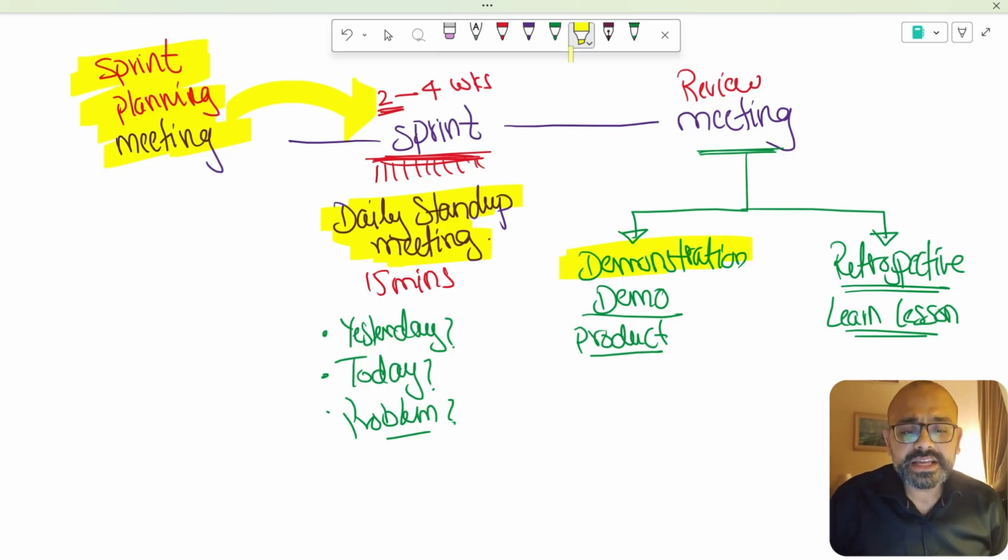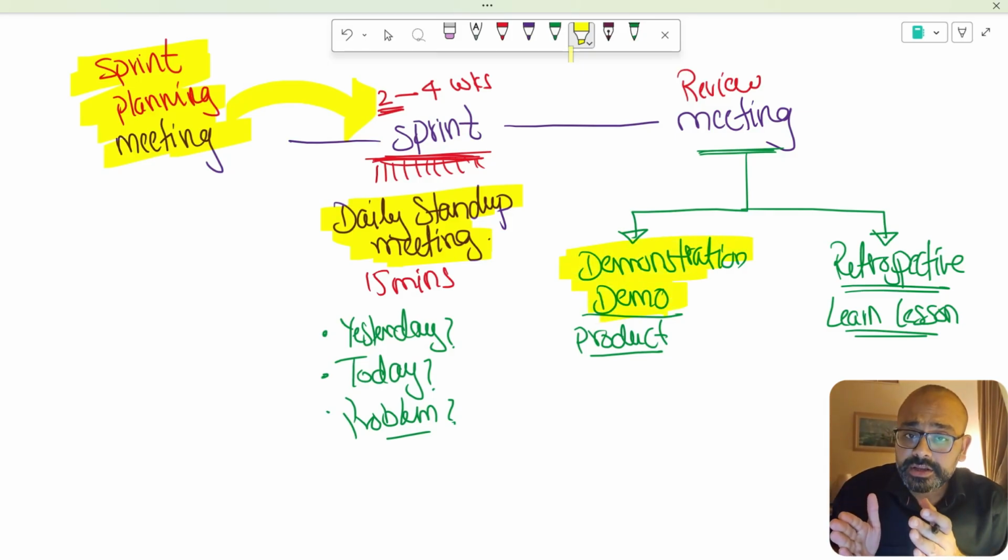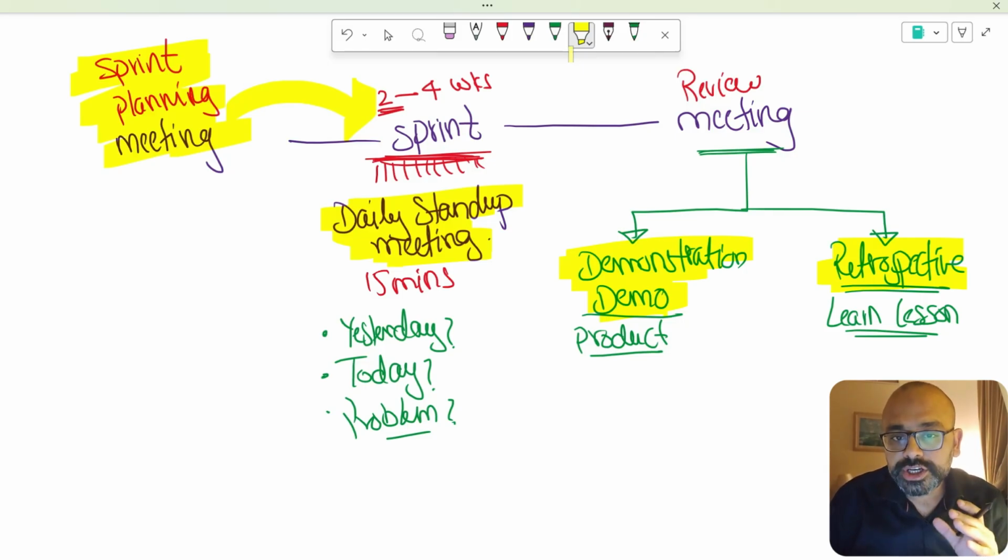And then there is a demonstration meeting where you demonstrate what you have done in the sprint, you demonstrate your feature, you give a demo, and then there is a retrospective meeting where you retrospect on the past, where you self-reflect on the past. So understand, whenever it comes to the Agile, you must know the concept, the reason behind these all 4 meetings I have highlighted.